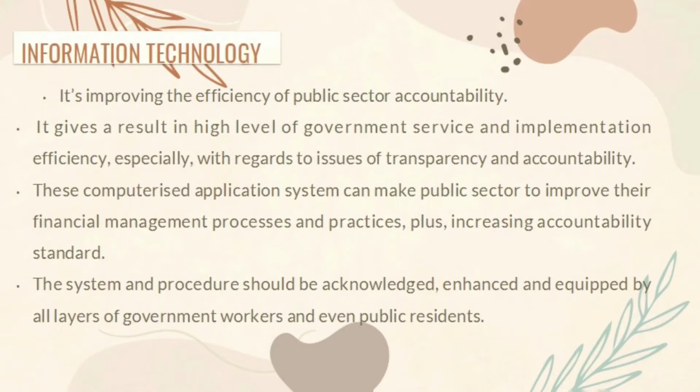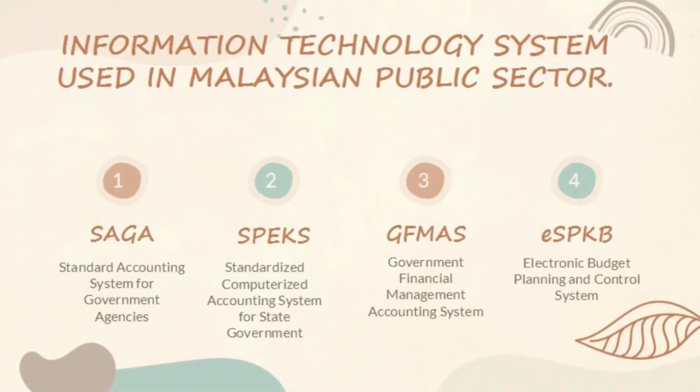For the third point, the ongoing change of the government management system and procedure should be acknowledged, enhanced, and equipped by all layers of government workers, legislators, executives, and even public residents. The government must ensure that accountability is efficiently enforced in all government systems, in addition to being the future leaders in the IT environment.